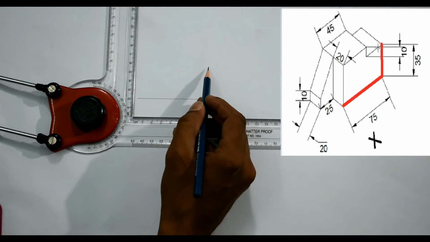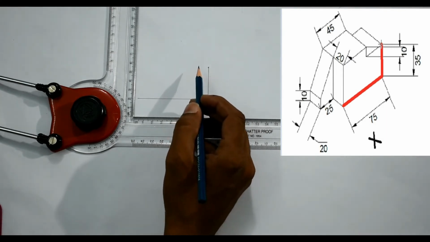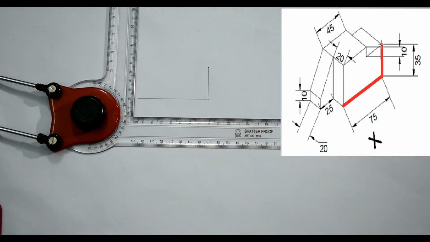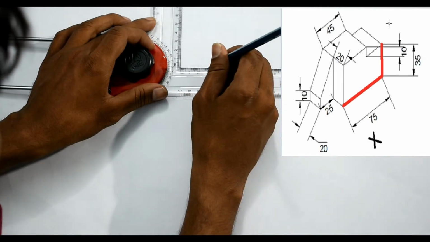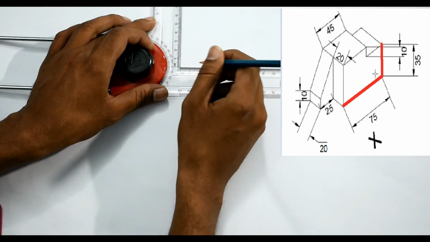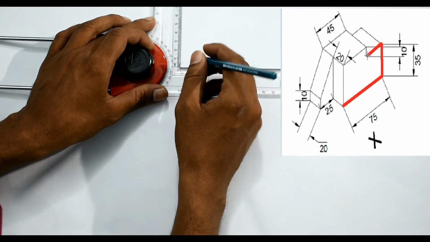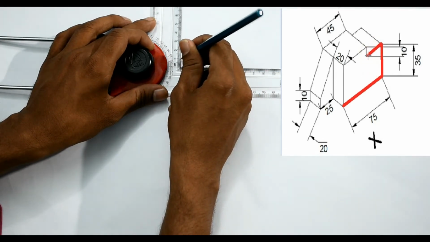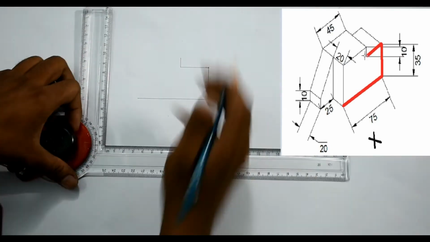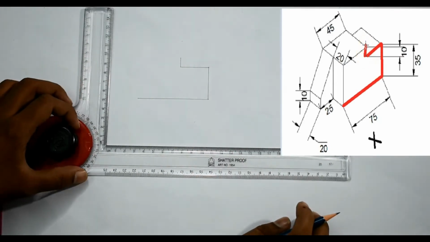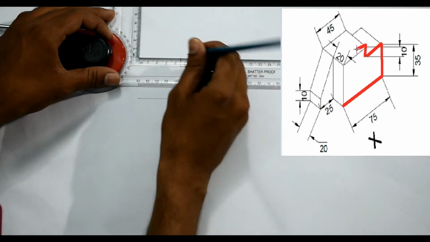We don't know how much we have to draw this line, but you can observe above that there is 45 mm length here. So we have to subtract this length from the 75. 75 minus 45, 30. This is 30 mm. And then the height of this line is given as 10 mm, as you can see here. Afterwards, the length is 45.